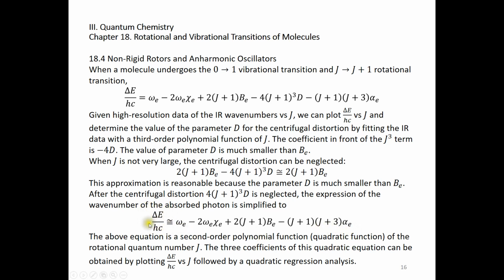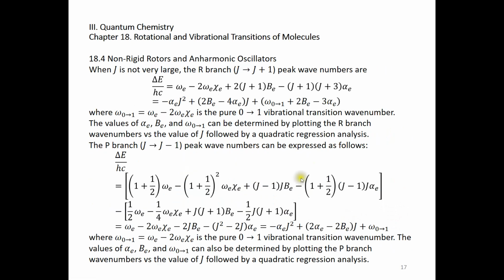This is the wave number of the infrared photon versus J. We can get an Excel graph, and we can fit the data with a quadratic equation and then determine some of those values, for example this value and B value, alpha e value, etc.